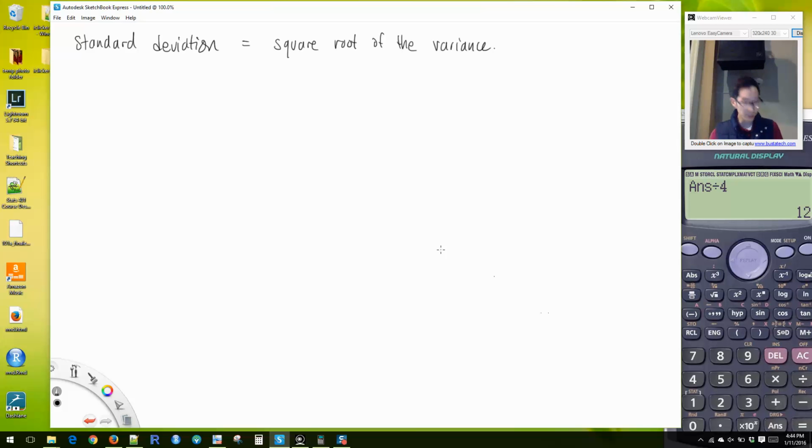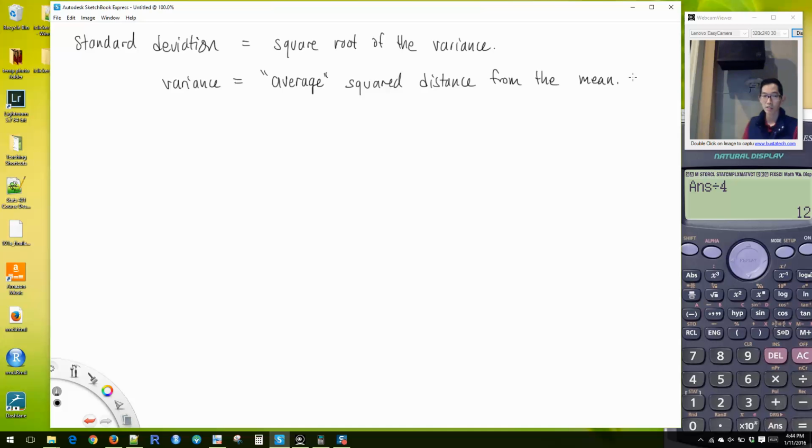And the variance can be thought of as, quote unquote, the average squared distance from the mean, okay? And it's going to be, quote unquote, the average of the squared distance from the mean, okay?